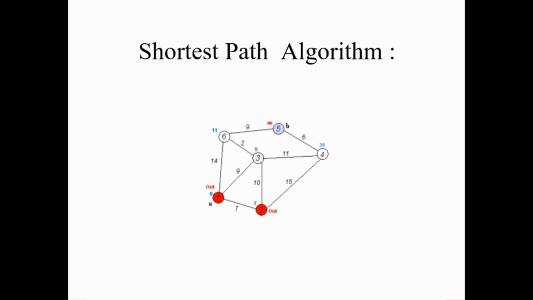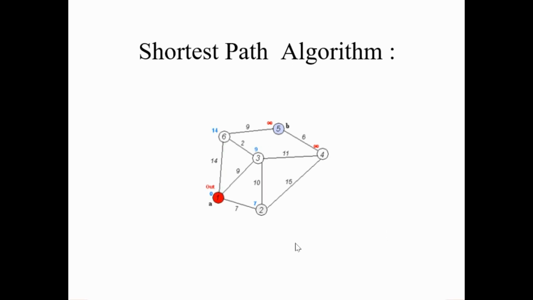This algorithm has been used in GPS navigation systems. For a given source vertex in the graph, the algorithm can be used to find the shortest path from a single starting vertex to a single destination vertex. Let's take an example.